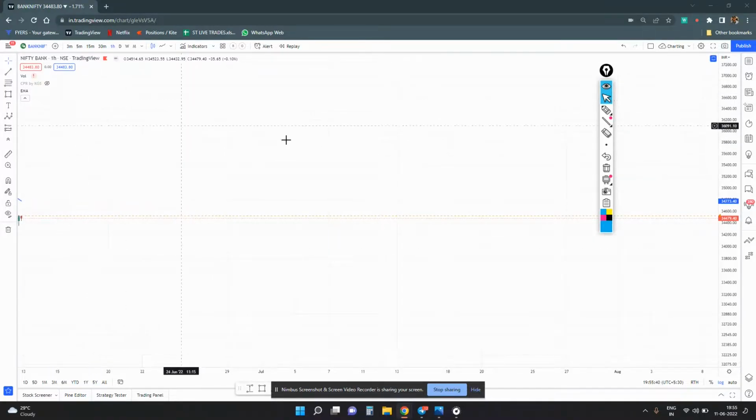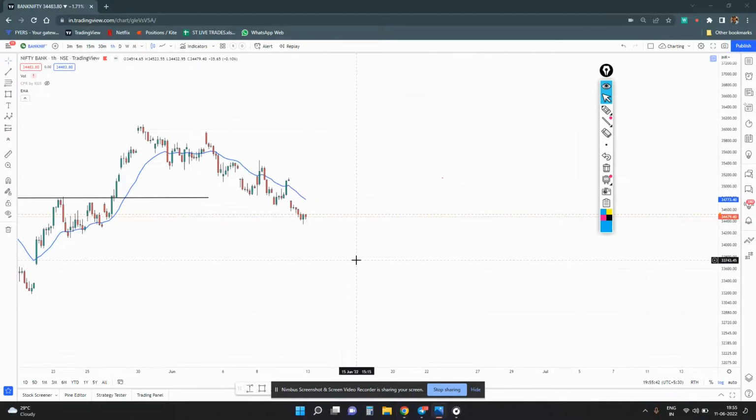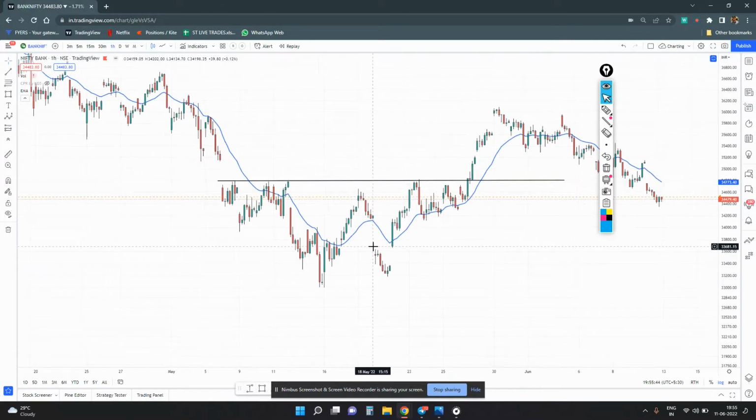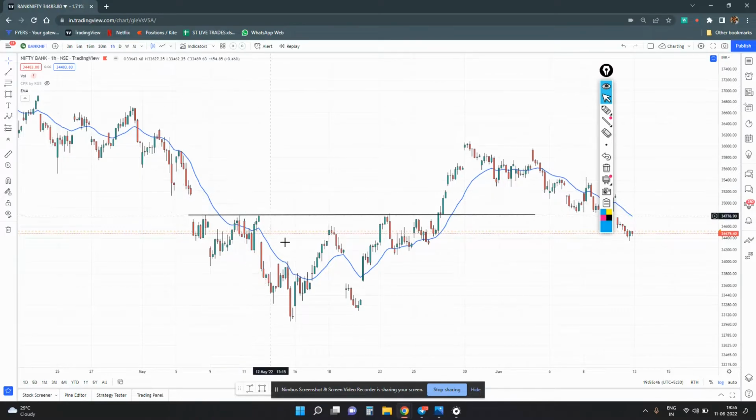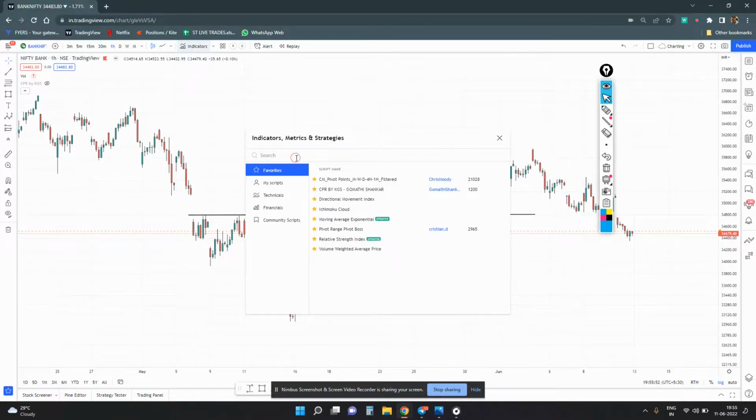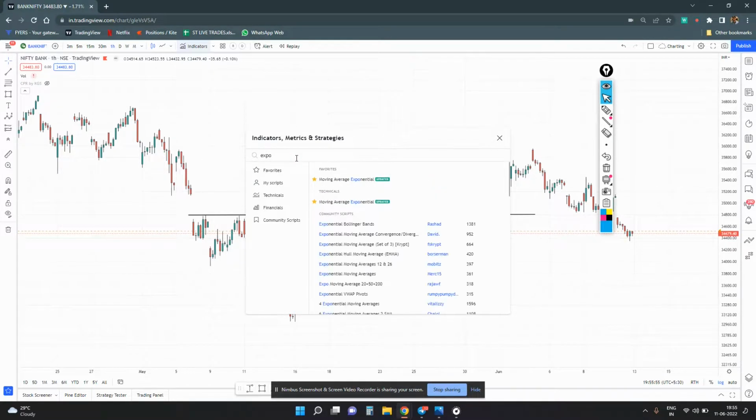So as you can see here, I have already plotted the 20 EMA. For those of you who don't know, I will do it once again. Go to indicators, type exponential, the one I use because it's a bit faster than the usual simple moving average. If you click on it, it will come directly on the upper left hand corner.